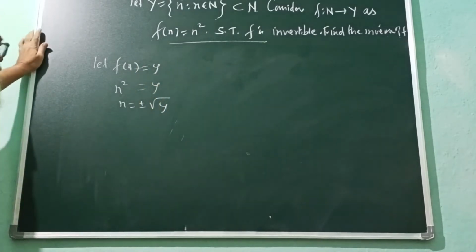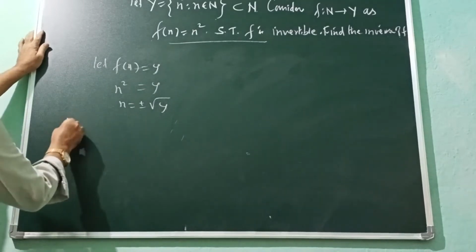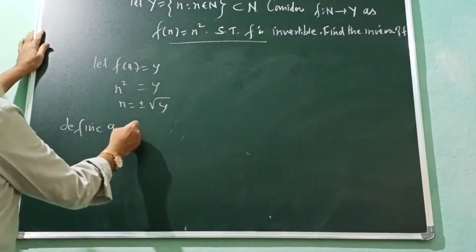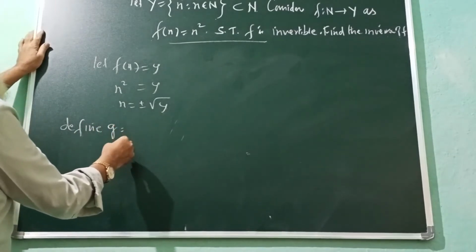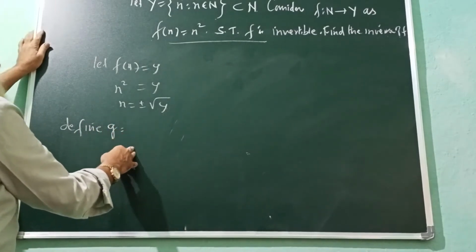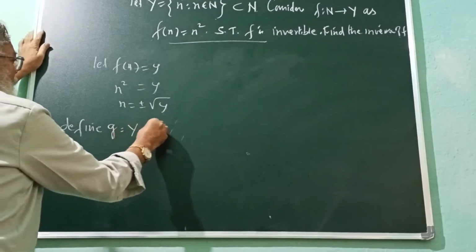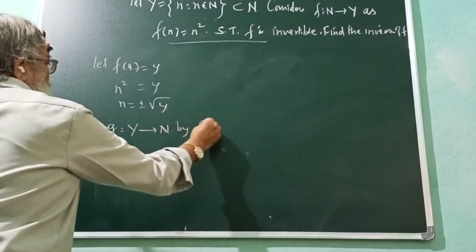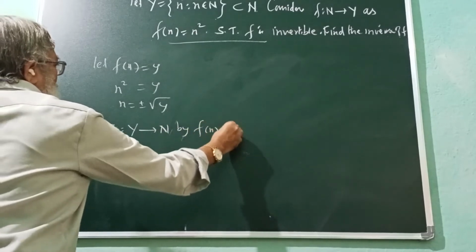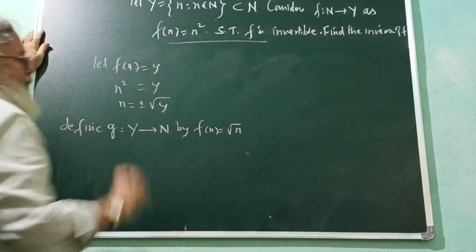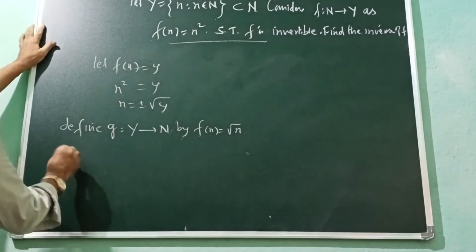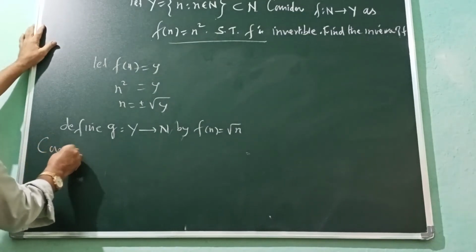So now we define the g function. f is from N to Y, g should be from Y to N, defined by g of n is equal to under root n. We define it like this.